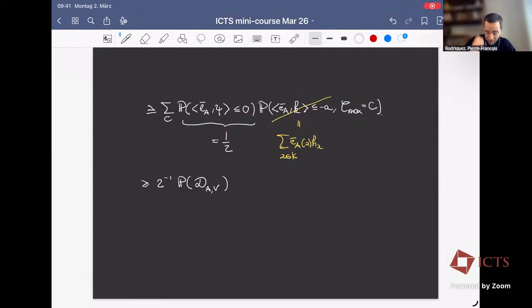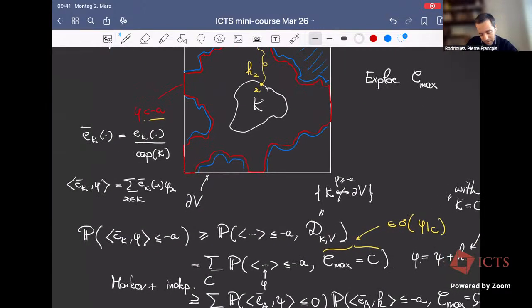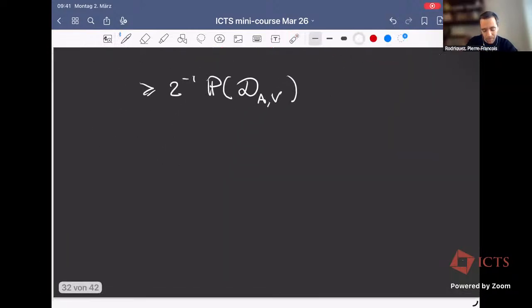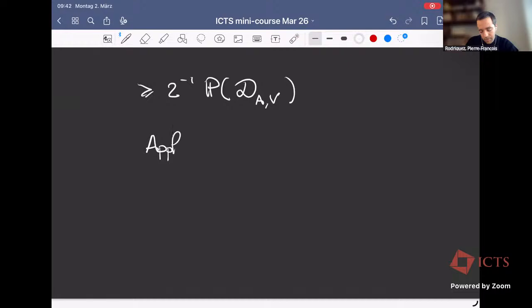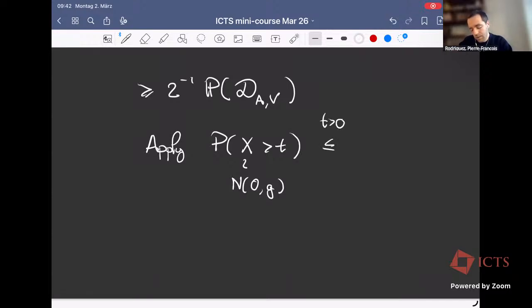So now you read all of this backwards. You have an upper bound on the disconnection event, which is simply given by some deviation estimate for a Gaussian random variable. So now all you need to do is apply a standard Gaussian estimate: the probability that X, which has mean 0 and variance g, is bigger than t, with t positive, is bounded by 1/2 e to the minus t squared over 2g.